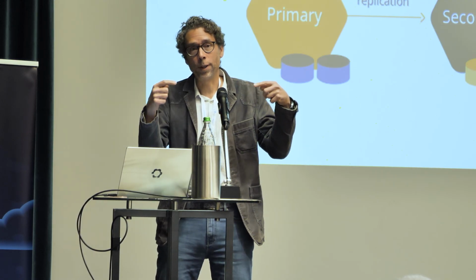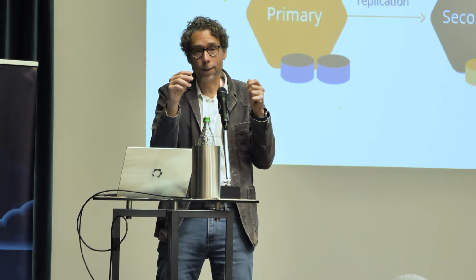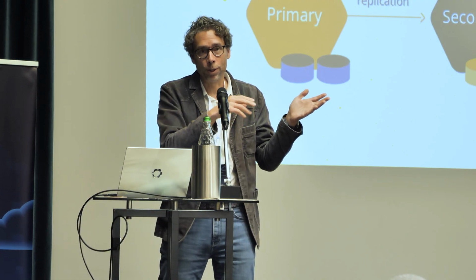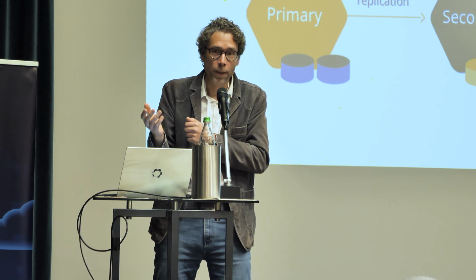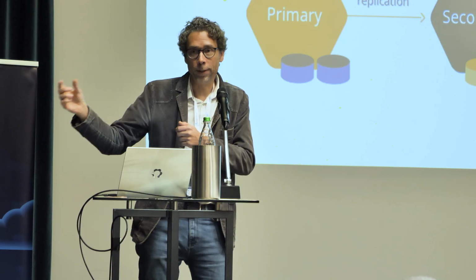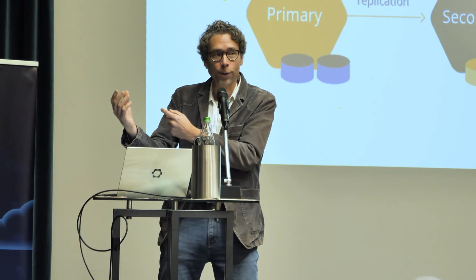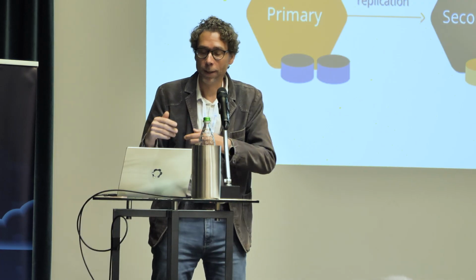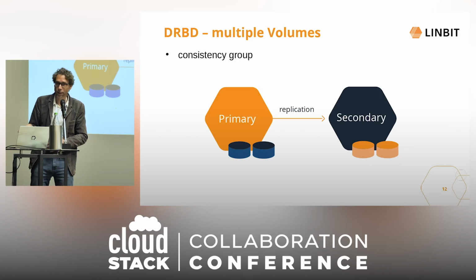You have both storage types exposed into the VM, and you put the table spaces of the database onto the slow storage and the write-ahead log on the fast storage. If you do something like that, you need to make sure that mirroring these two volumes is always consistent in itself. Otherwise, the write-ahead log and the table spaces are not in sync. So, long story short, it's capable of doing that. And yes, it's not very often used in the wild.